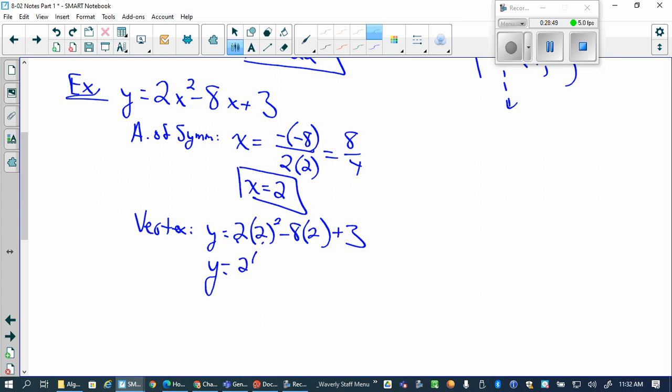Okay, so this is 2 times 4 minus 16 plus 3. 8 minus 16 is what? Yeah, you said negative 9. 8 minus 16 is negative 8, plus 3 is negative 5.